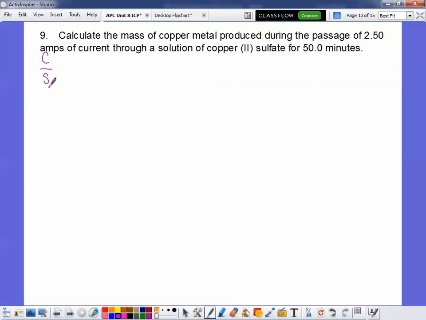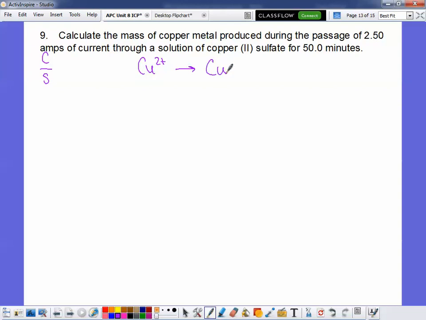All right, so what is our reaction that we're doing here? What are we starting with? Copper 2 sulfate. What part of that copper 2 sulfate do we care about? The copper 2, the Cu2+. This is forming what? Cu, copper metal.